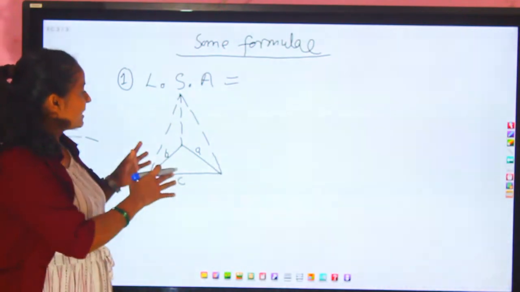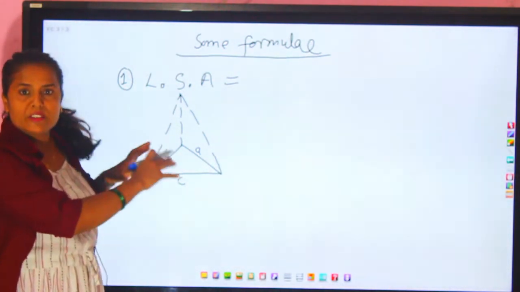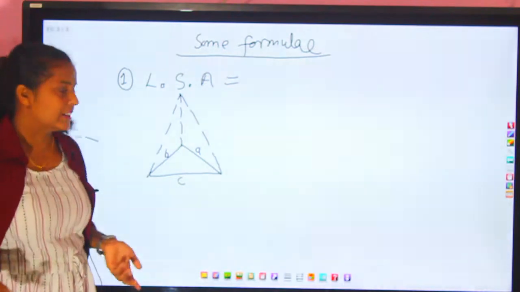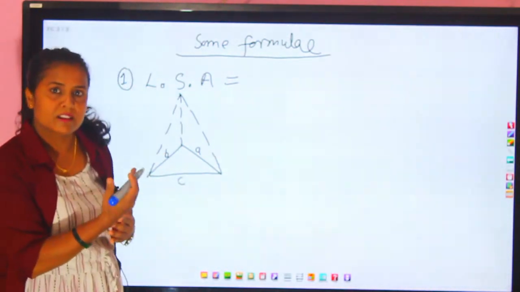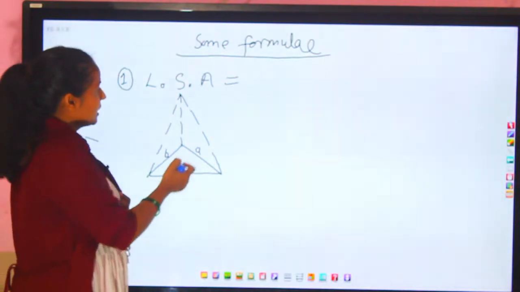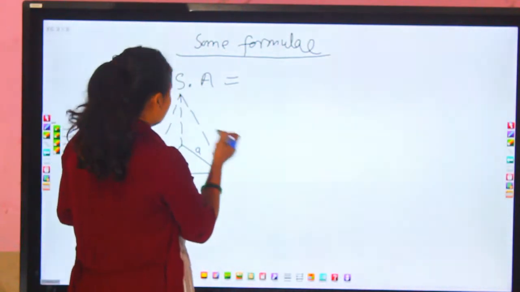If we separate all the faces here, what will we get? We will get 3 triangles from the lateral faces.